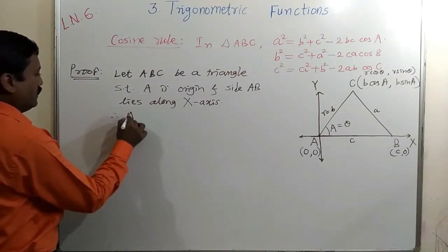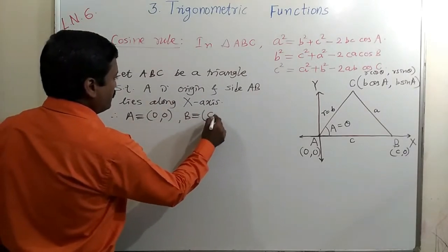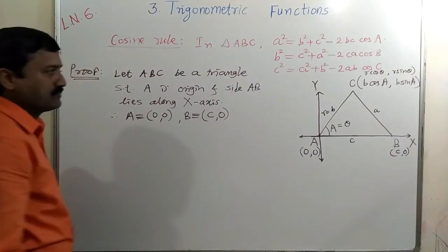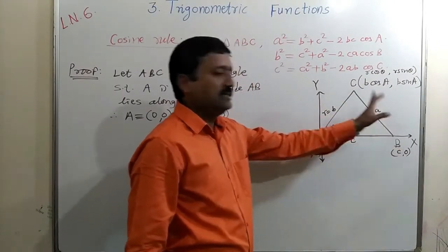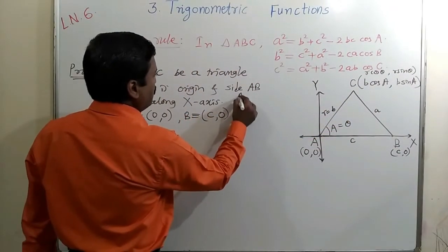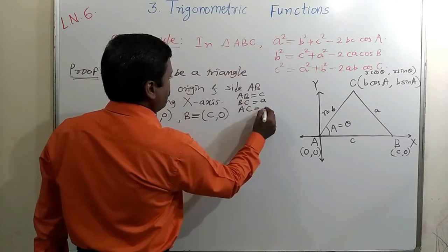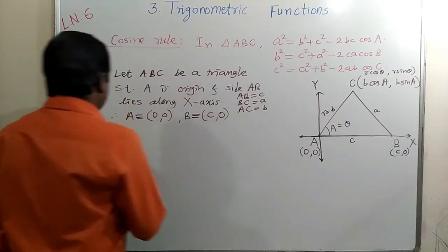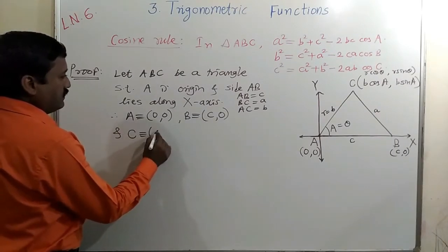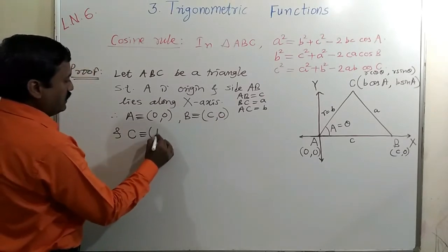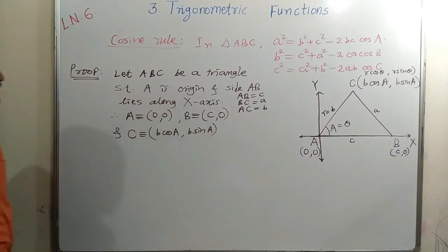Therefore, A is (0, 0) and B is (c, 0). We can write AB is equal to c, BC is equal to a, and AC is equal to b. And the most important coordinates of point C are b cos A and b sin A.